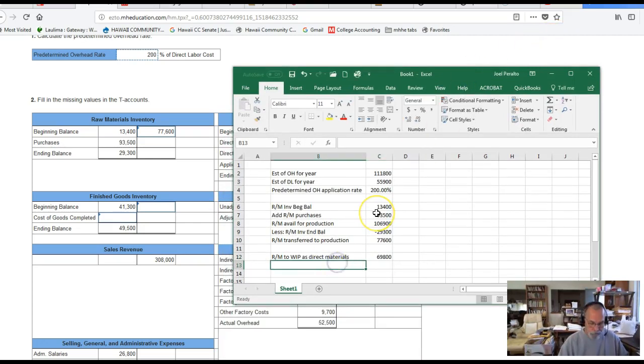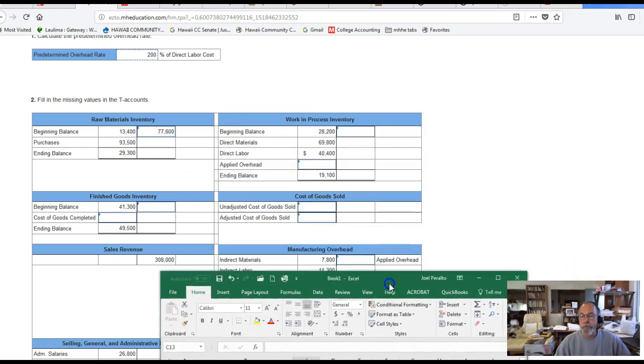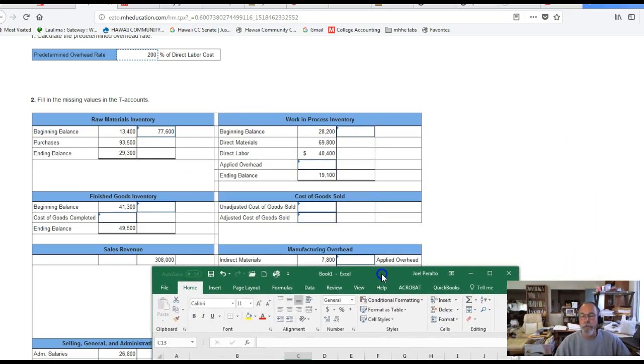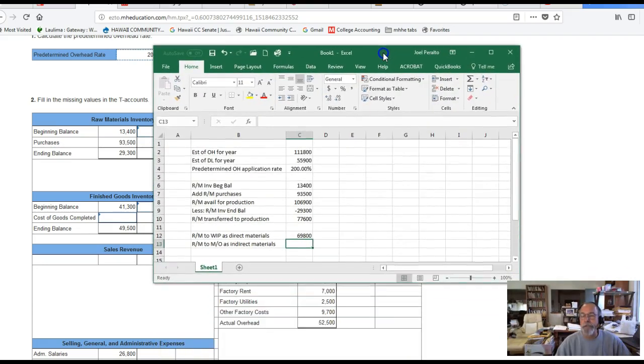And our raw materials to manufacturing overhead as indirect materials, we can get this spreadsheet out of the way here, and that's the debit to manufacturing overhead indirect materials, 7.8.